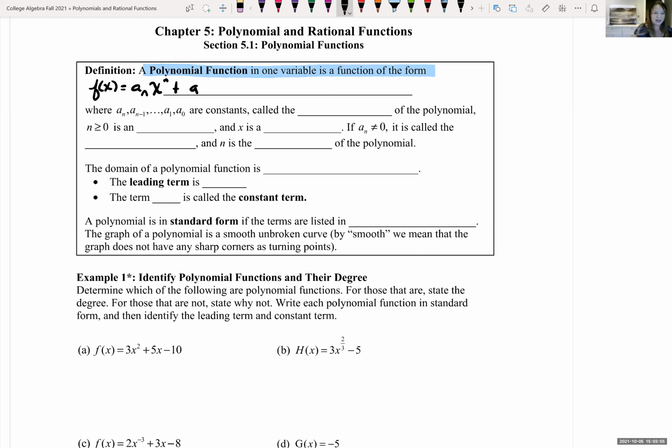So going in that form of decreasing exponent, a sub 2 x squared plus a sub 1 times x plus a sub 0. So a sub n minus 1, dot, dot, dot, a sub 1, a sub 0, these are all constants. And we call those the coefficients of our polynomial.